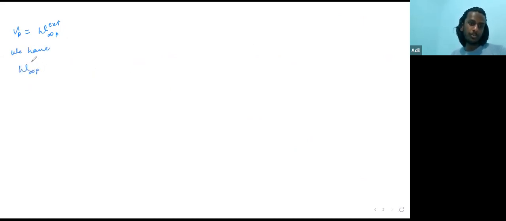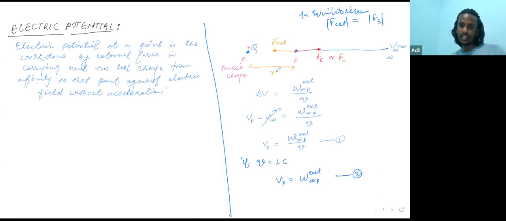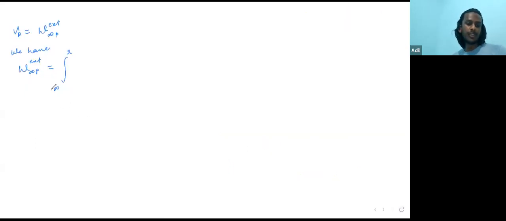W infinity to P external is always equal to the integration from infinity to R. This separation is taken here as R, and the other distance is infinity. So we take here infinity to R, Q into E dot dr.